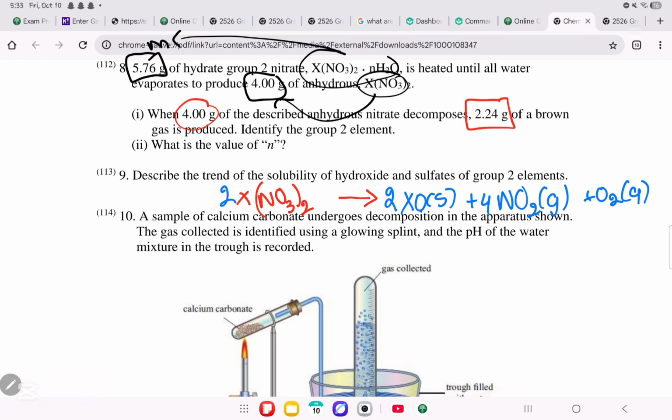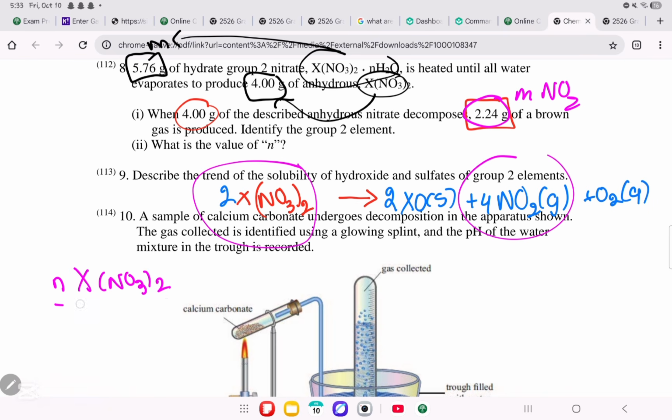Now, what do we need to do in this scenario? We need to relate this to find out what is X. They told us it will produce 2.24 grams of brown gas. So we have the mass of nitrogen dioxide. What can we do? We can take the number of moles of XNO32 over the coefficient, which is 2. We know it's equal to the number of moles of NO2 gas divided by the coefficient, which is 4. So how do we find the number of moles of NO2?